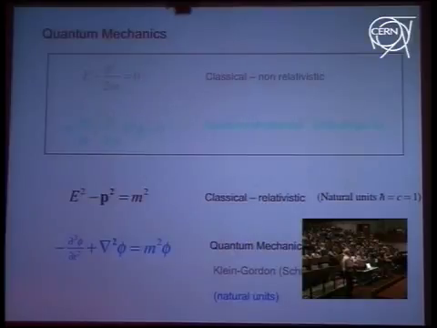Quantum mechanically, you just do the same as you did before. You replace energy by minus i h bar d by dt, so I get a minus d2 phi by dt squared, where phi is the single particle state that you're operating on, plus or minus del squared phi coming from this p squared term is m squared phi. There's an i squared that enters on the left-hand side, so that's why the signs have changed.